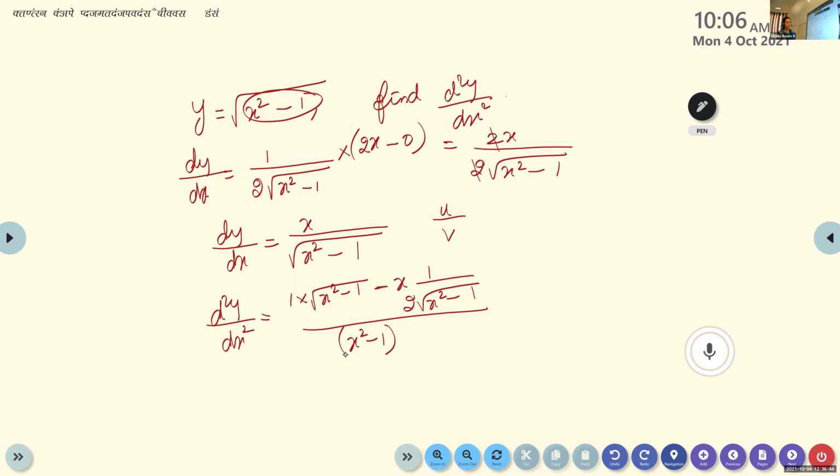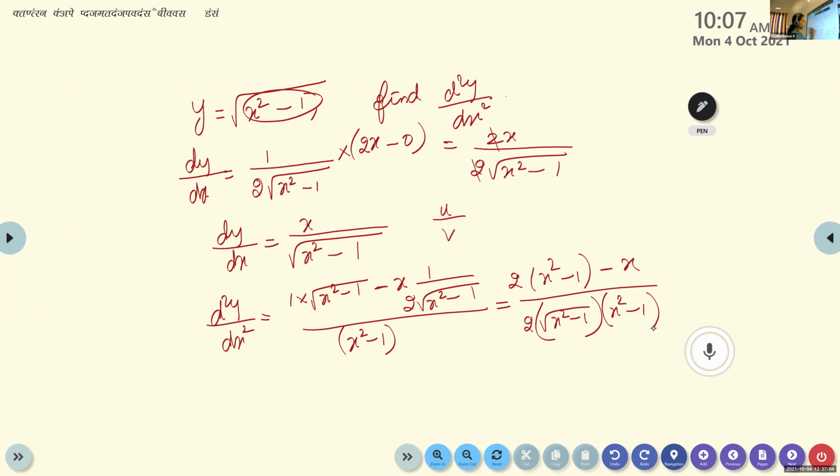Okay, correct. So now look at the next. Yes, Aishwarya, next step. Then it will become root x square minus 1 minus x by 2 root x square minus 1, by x square minus 1.